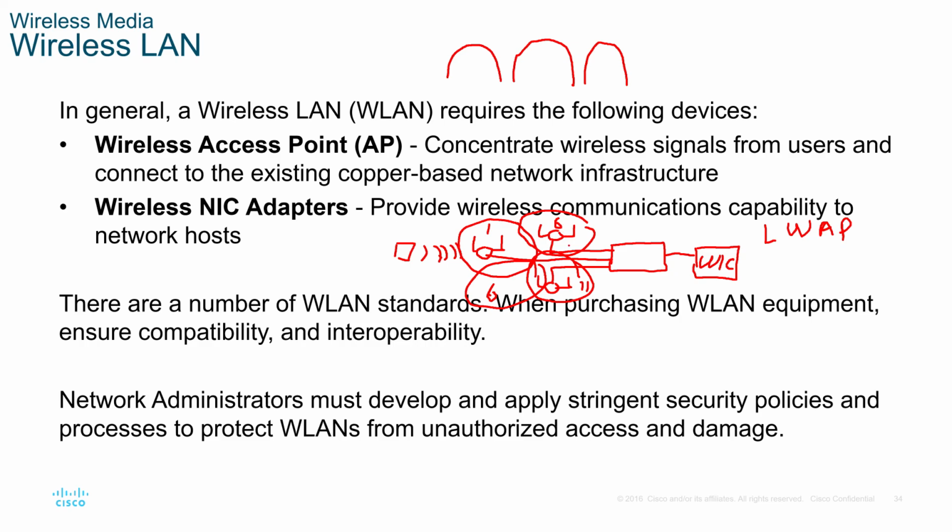Hundreds of things would have to be programmed into each access point. Whereas using a wireless LAN controller, it will dynamically see this, dynamically see the distance between these, and adjust the power so that the network works most effectively. This is more of a commercialized system.